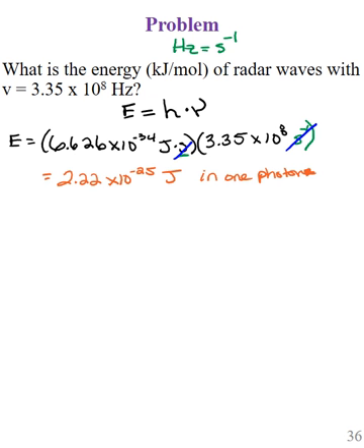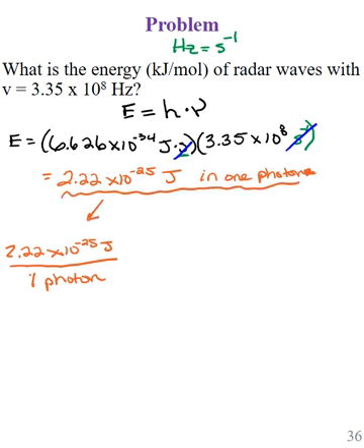Okay, so another way I can write this is 2.22 times 10 to the negative 25th joules per, so divided by, one photon. This and this are the same thing. Now the question is asking in kilojoules per mole.